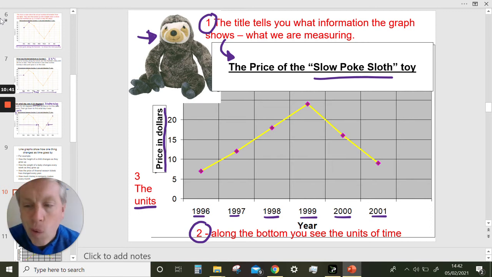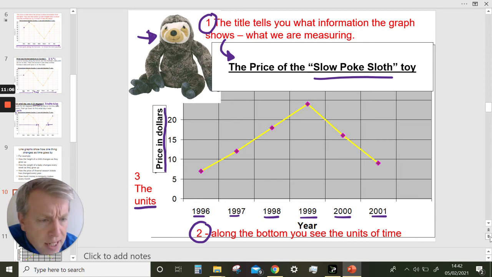So I wonder where they were making this toy. Where were they selling it? Because we don't have pounds in England, do we? But they do have dollars in other countries, so that's giving us a clue. Maybe this graph is about another country, maybe the United States, or another country where they have dollars.